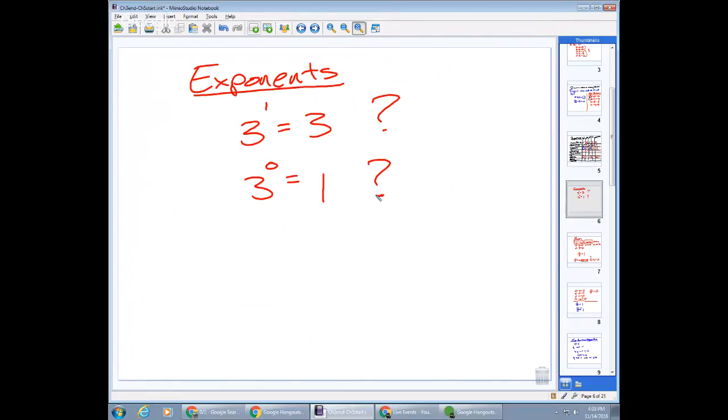So let's address those. Let's get down to what we think exponents mean. What I'd like you to do is write down what you believe exponent means and include an example.